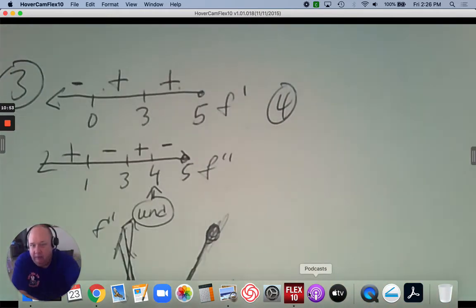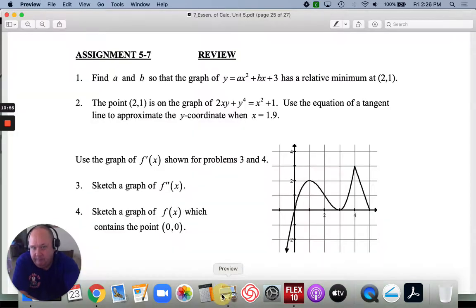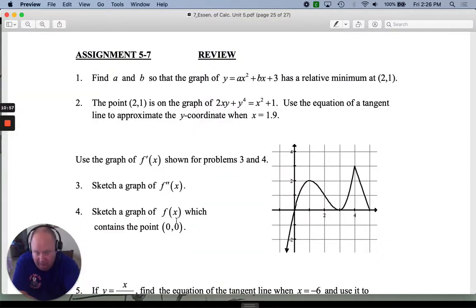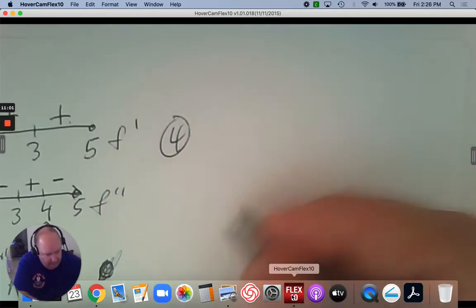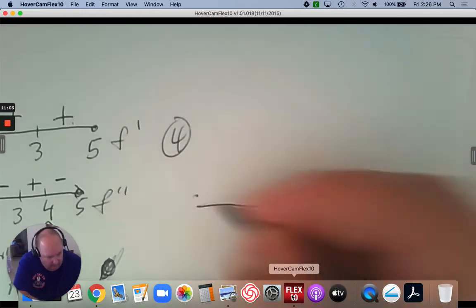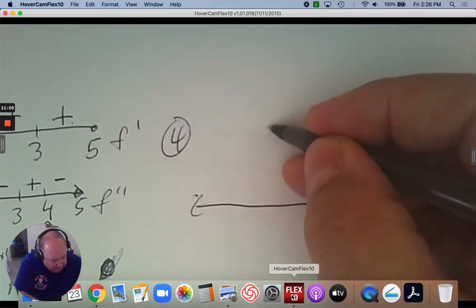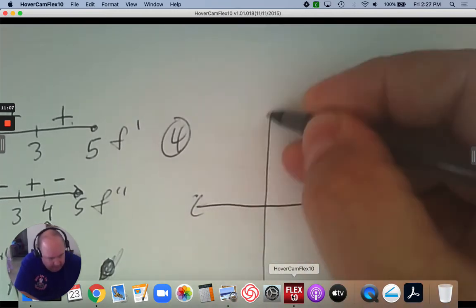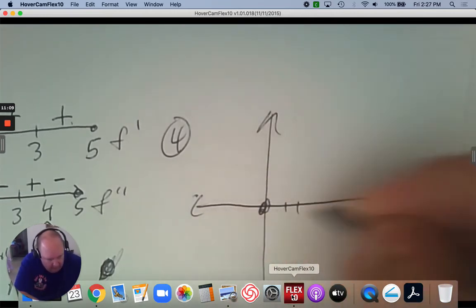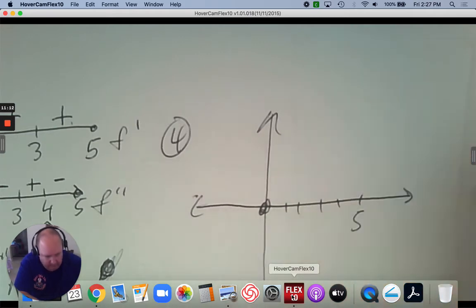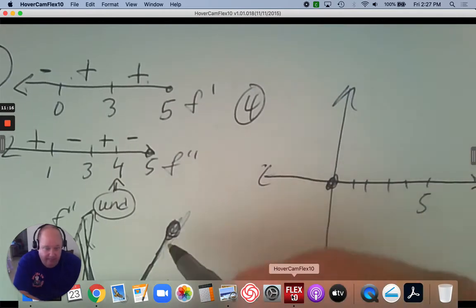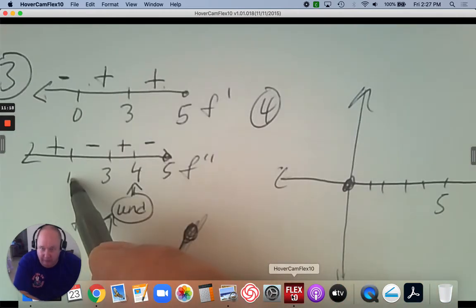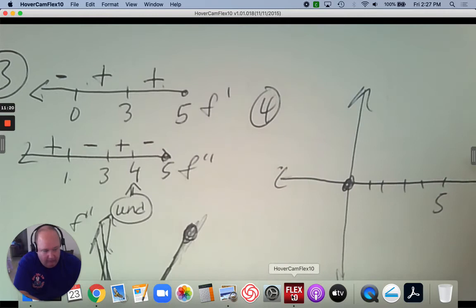Number 4. Graph a function that starts at 0, 0. So if it starts at 0, 0, at 1, we have a point of inflection.